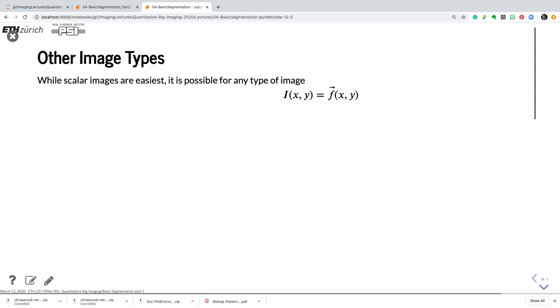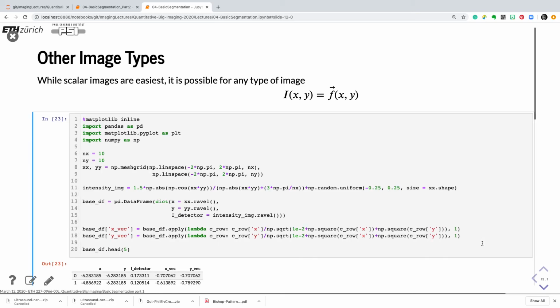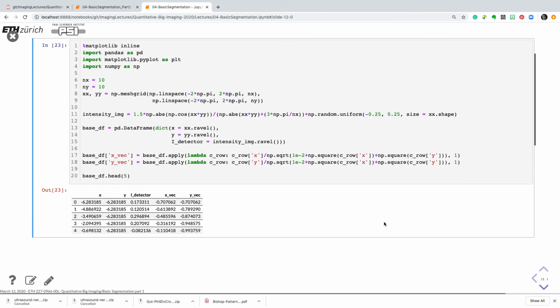Then we have other types of images. Until now I've only been talking about scalar data, so one intensity value per position. But you can also have vector data, or spectral data in each point. And for that, I have a little example here.